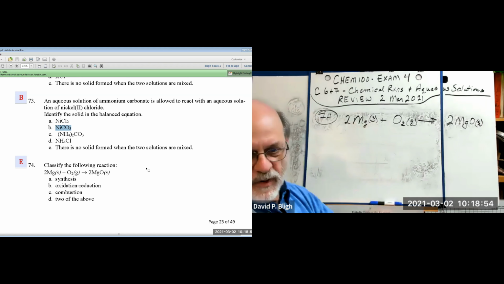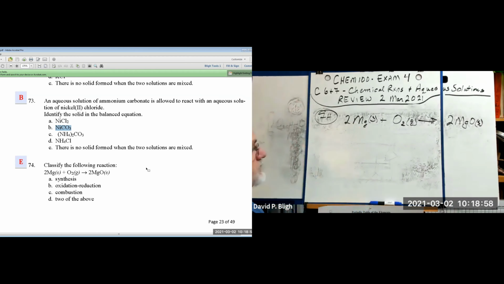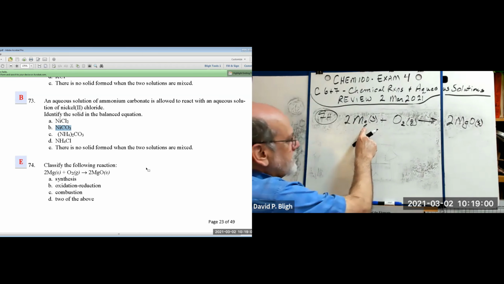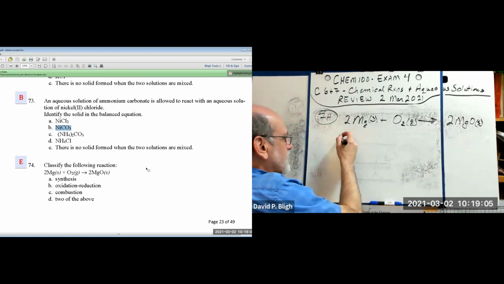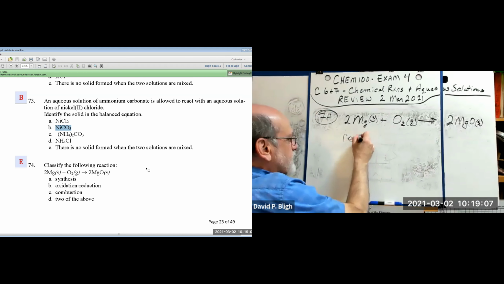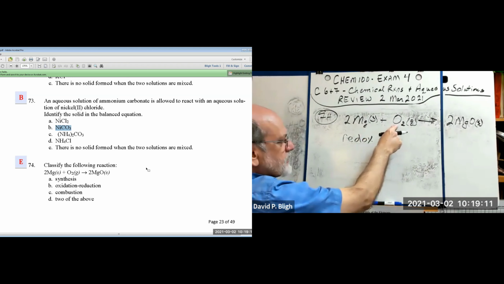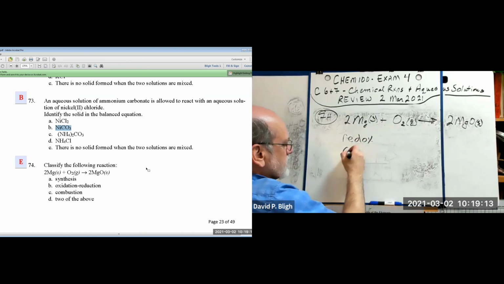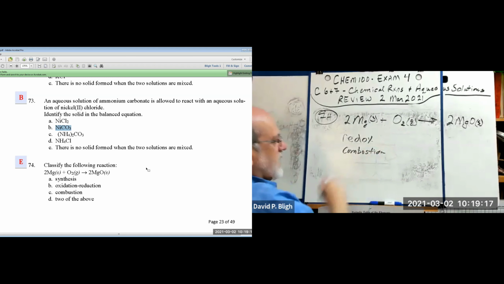Okay, back to the problem. Classify the following reaction. Well, let's see, what is it really? You've got an element there, both in a compound. This is definitely a redox. And it's got oxygen here, so that's a combustion. Right?